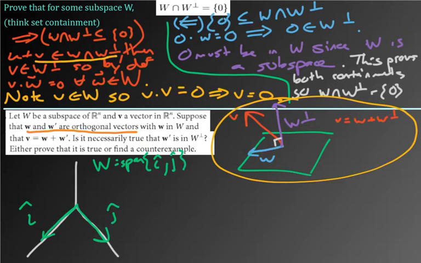And so W perp is going to be the span of k hat, right? It's just going to be pointing up here. So we want these vectors W and W prime, right? We can add them together, and V, we can add them together and have them be down in the plane down here.